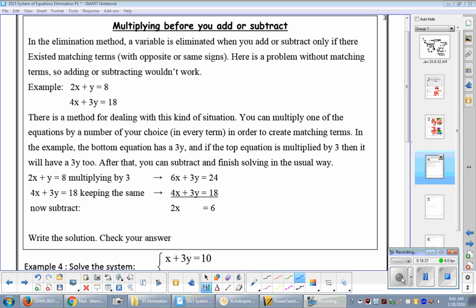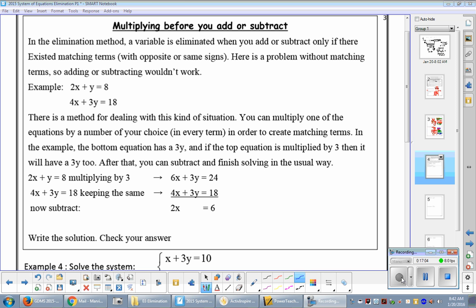From our first 3 examples, we observed that after we add or subtract our 2 equations, we were able to eliminate the opposite or same signs. Now, what if we have a system wherein if we add or subtract, we will not be able to eliminate either the x or the y variable?